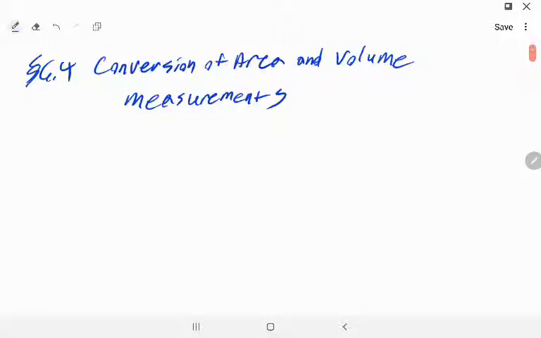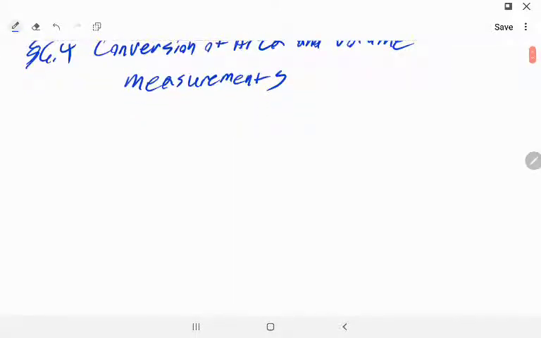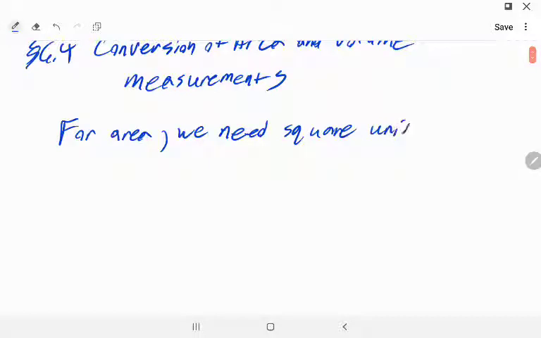We have to be careful. We had talked a little bit about the idea of surface area back in chapter 5. For area, we need square units.